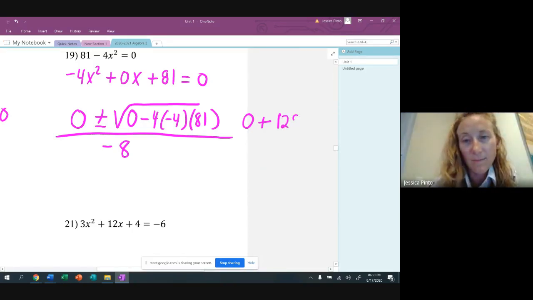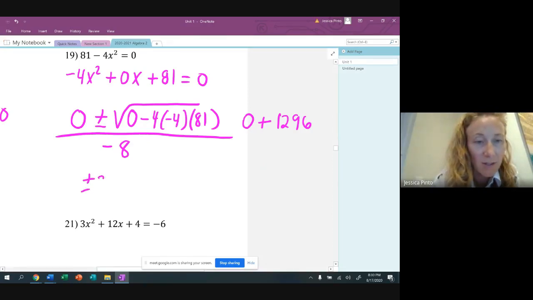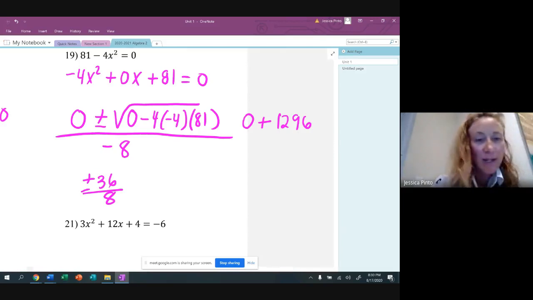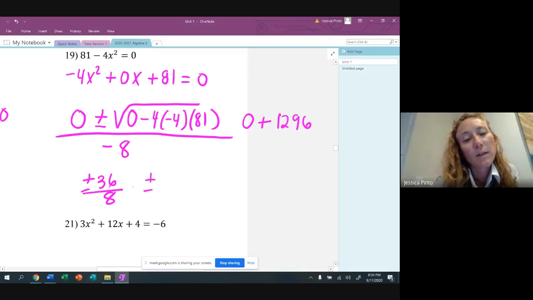1296. And 16 and 81 are both perfect squares, so it's going to be 4 times 9, 36. So I'm going to get plus or minus 36 divided by 8. And dividing those both by 4, I'm going to get 9 over 2.